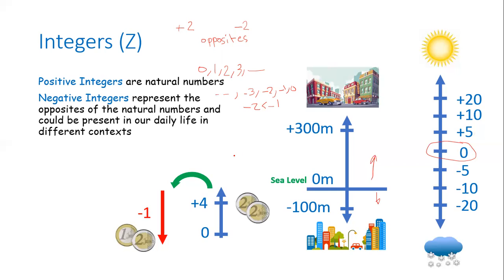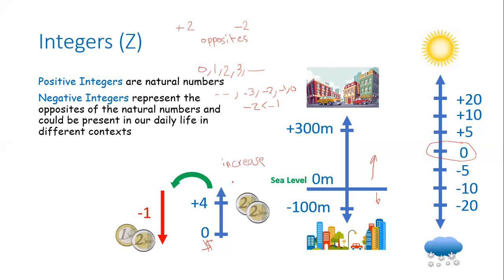We might use the negative numbers also in a financial context. For example, if I have zero money or $0 at first, then I get 4 euros. So I can represent this by +4. In this case, we use the integers, specifically the positive integers, to represent the increase of euros that I got.